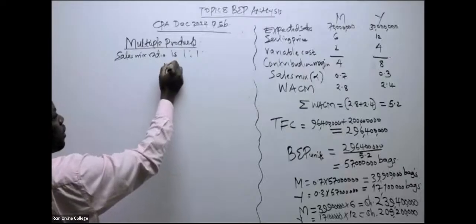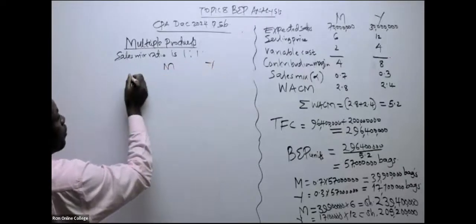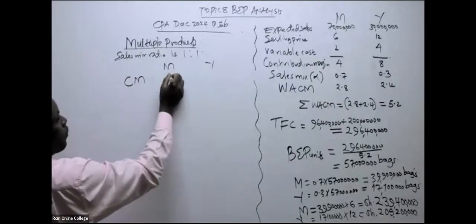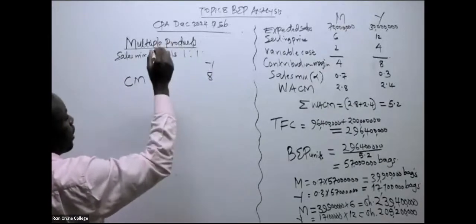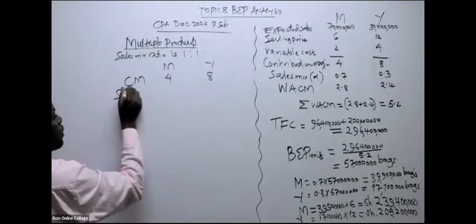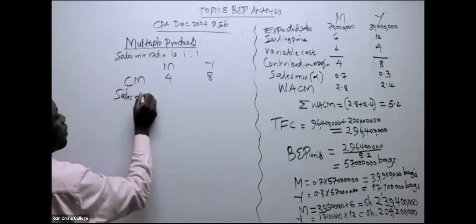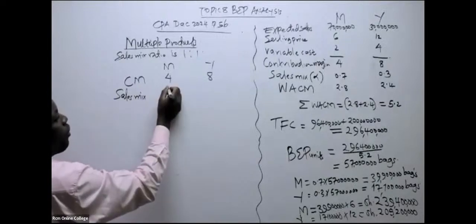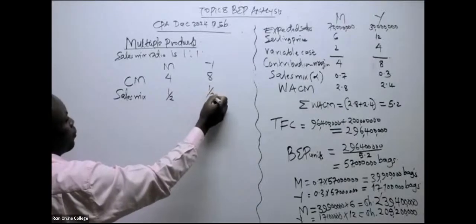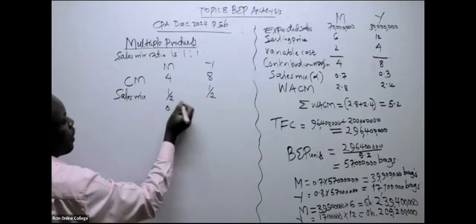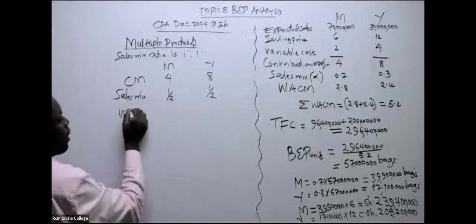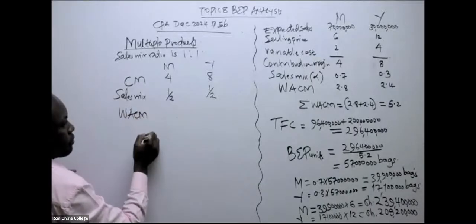So for product M and Y, remember contribution margin is already there. It is not affected. I have 4, I have 8, right? Then sales mix ratio, or alpha, is now 1:1. That is 1/2, 1/2, the same as 0.5, 0.5.